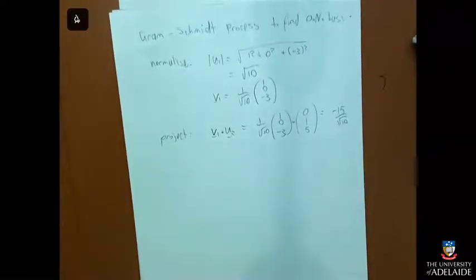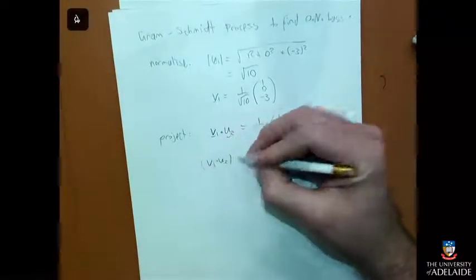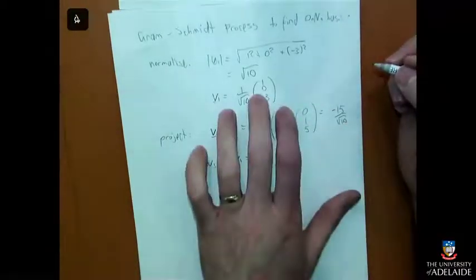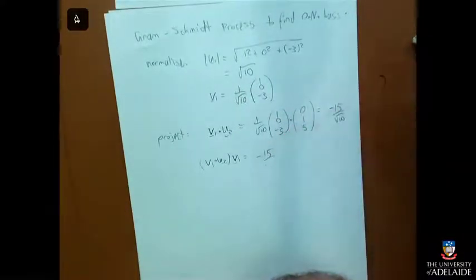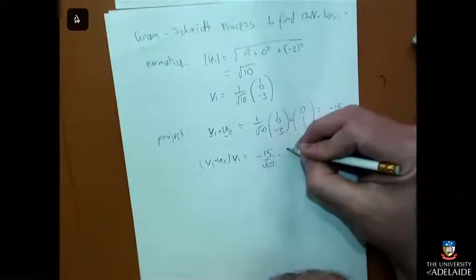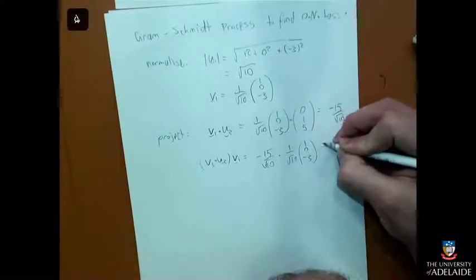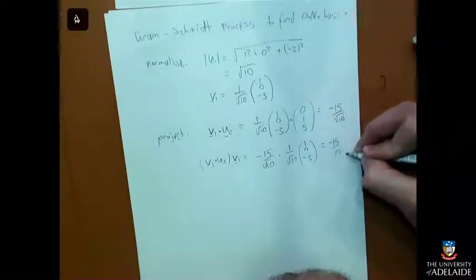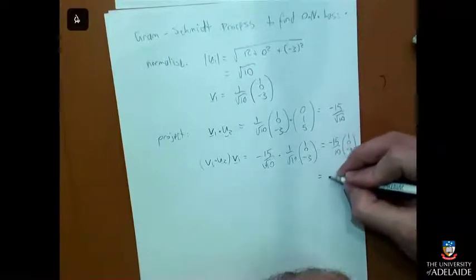All right, there we go. Okay, and so the projection is this. So we have that amount of the thing that we projected onto, which is minus 15 on 10. I suppose I could simplify that marginally.